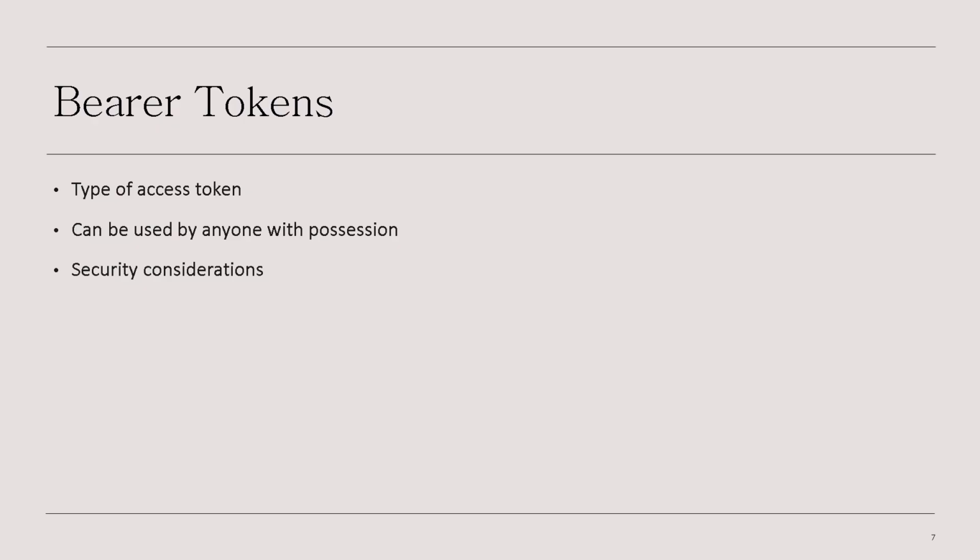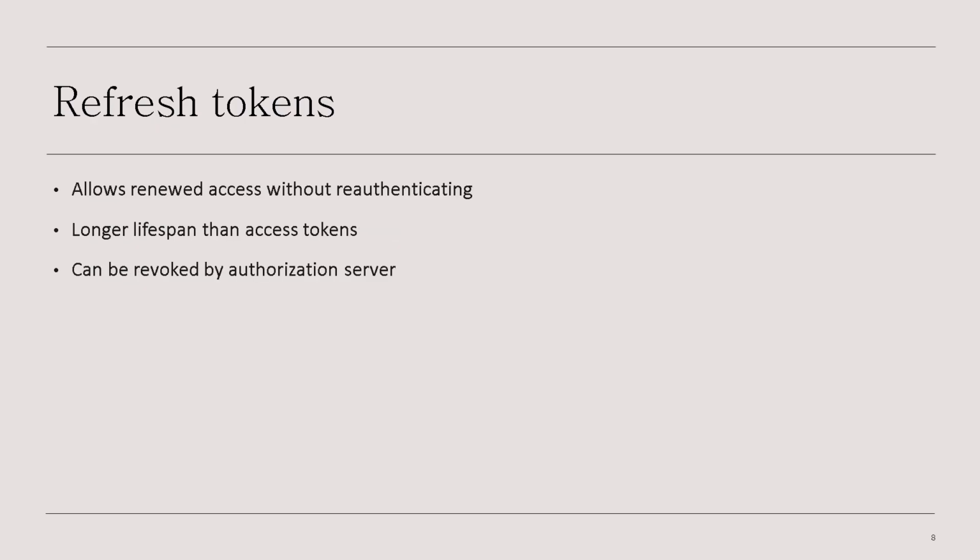We will discuss security considerations for bearer tokens. We will also discuss refresh tokens, which allow renewal of access without re-authenticating. They have a longer lifespan than access tokens and can be revoked.